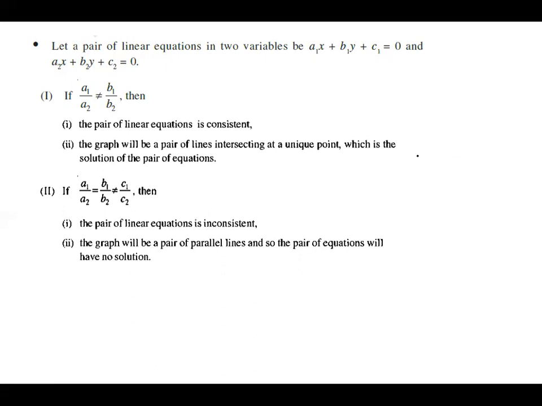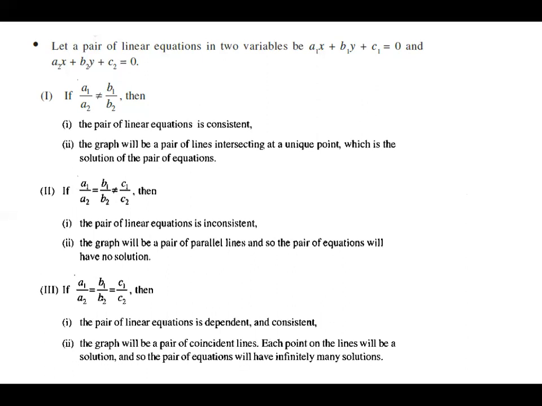So either on the graph they will be intersecting, the point of intersection is the solution, or they may be parallel, and it is called inconsistent. There is no solution. Here it has a solution. This point is the solution, the intersection point.